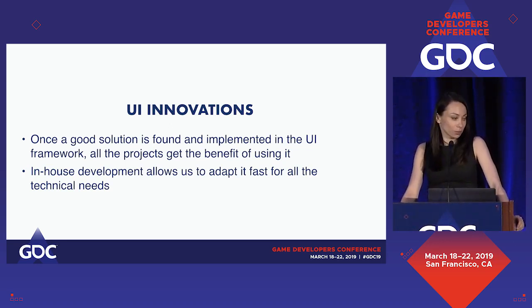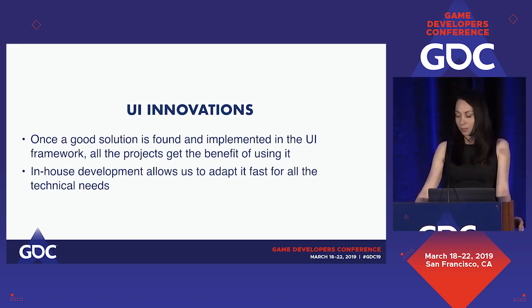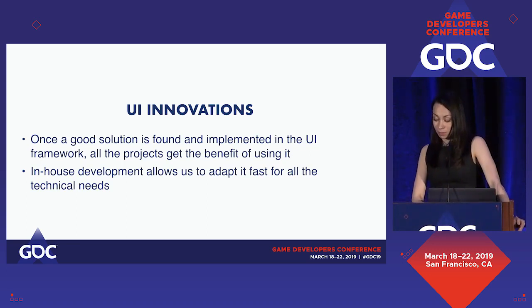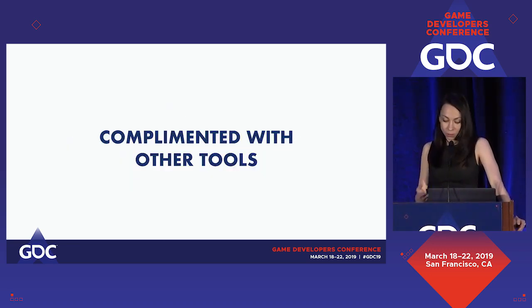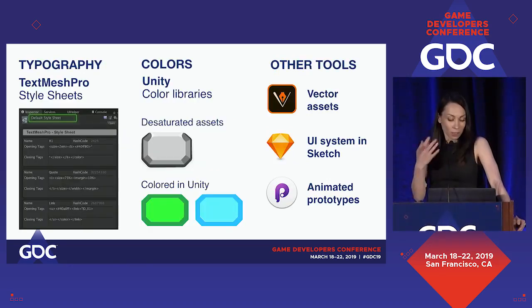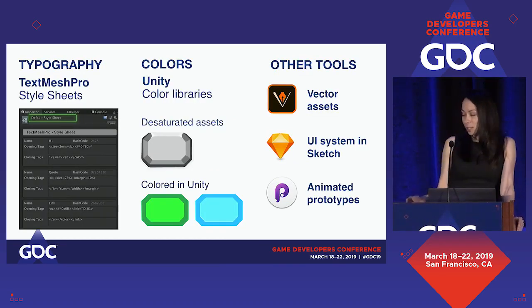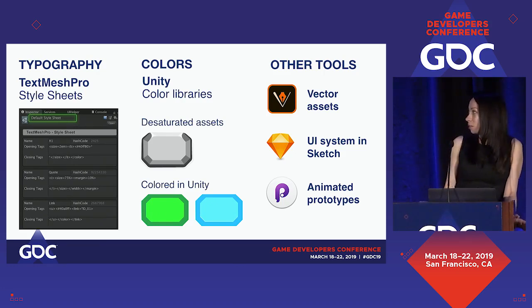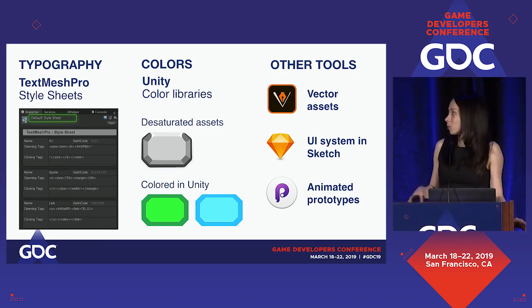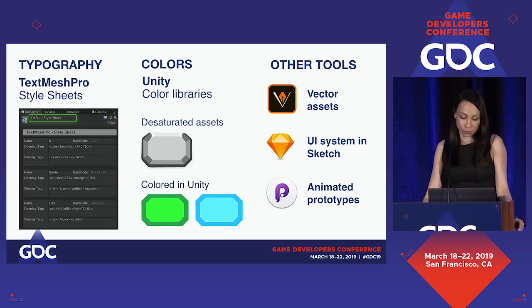But of course, it's very important to remember that building a UI framework is not a silver bullet, and we still complement it with other tools. To give you an example, we still use TextMesh Pro style sheets for coherent typography. It's the place where we control all the text styles for the projects, and we can easily adjust them and the changes will propagate across all the text styles we need.